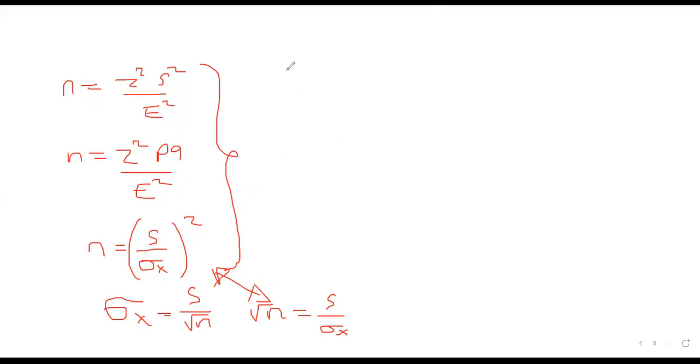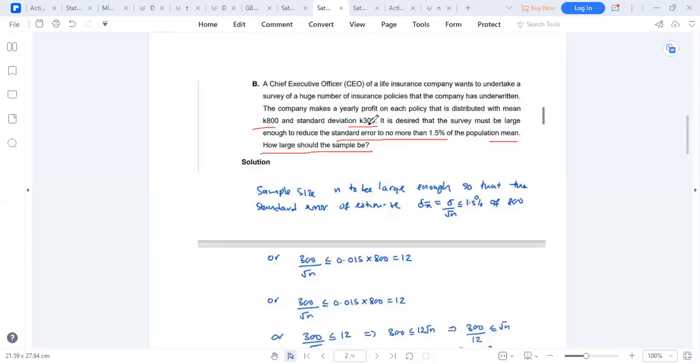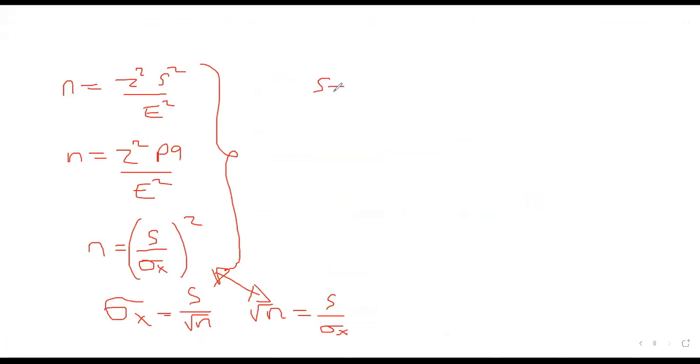So now we are told that our standard deviation is 300 and our mean is 800, and our standard error is 1.5% of 800. So our standard deviation is 300. Our standard error is 0.015 times 800, which gives us 12.